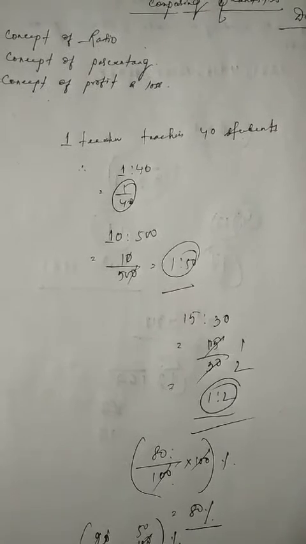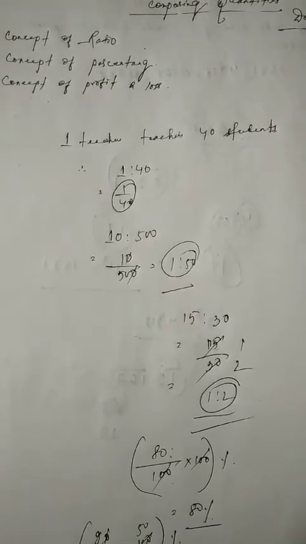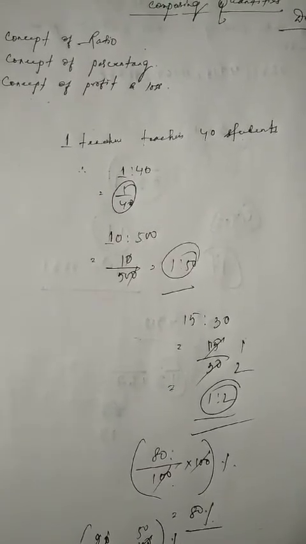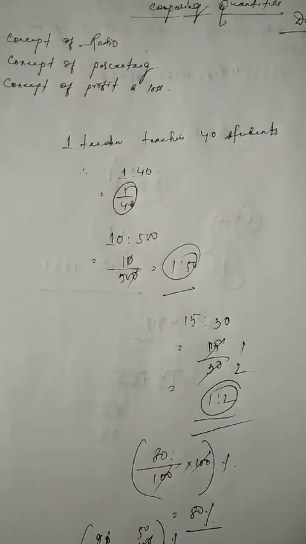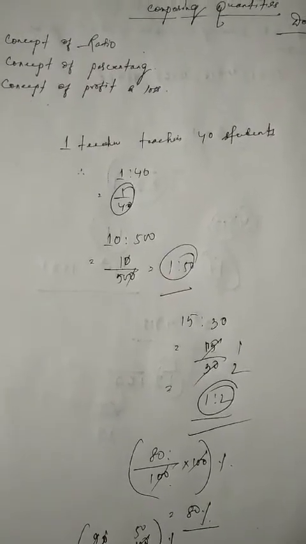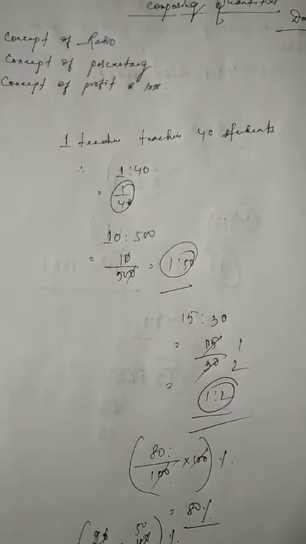I'm repeating my words once again. Whenever we purchase an article with an amount, and we sell the same item for less than the buying amount, remember, we consider that to be loss.